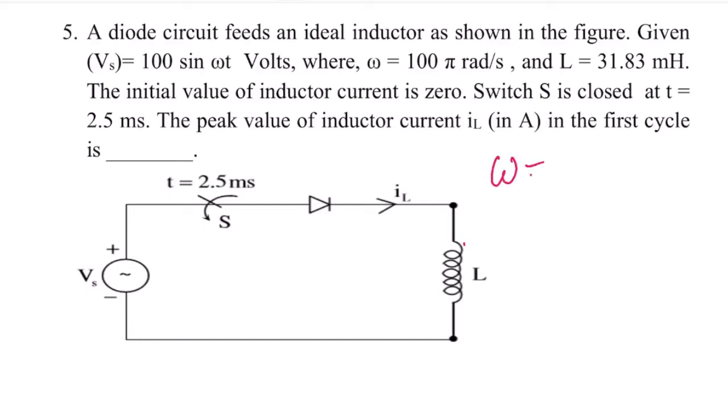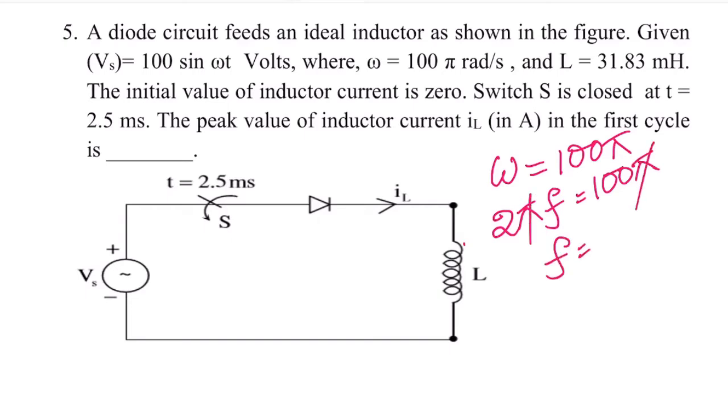Now, given omega is equal to 100 pi radians per second. You know that 2 pi f is equal to 100 pi. Then pi gets cancelled, and the frequency you will get is 50 hertz.